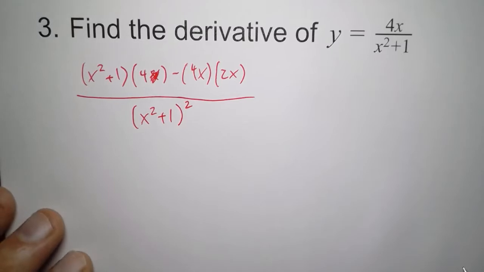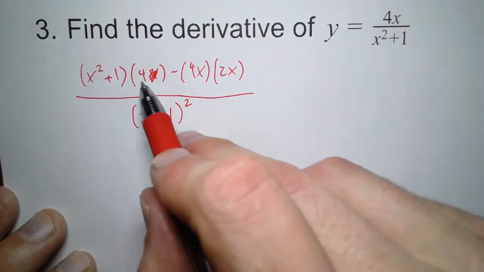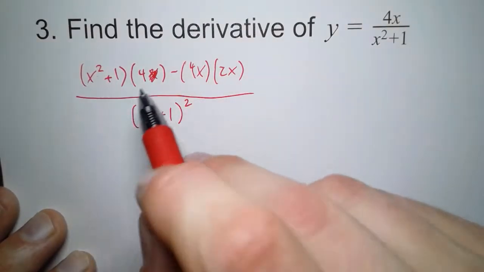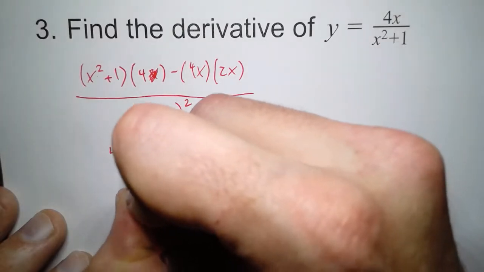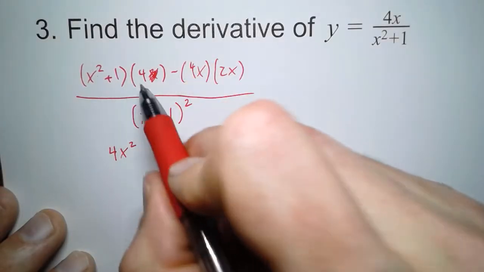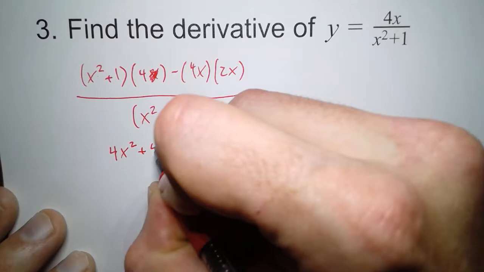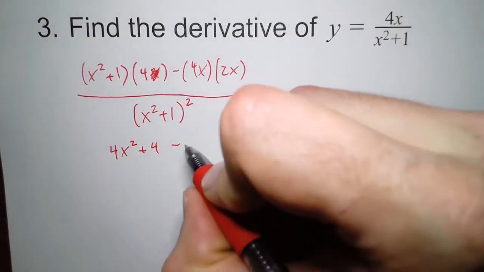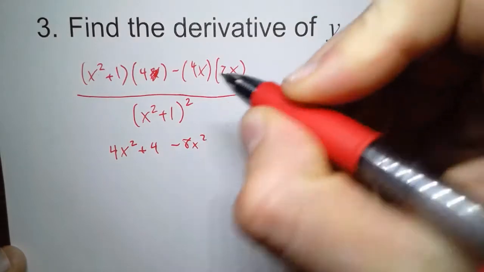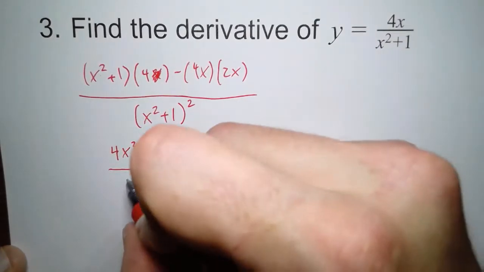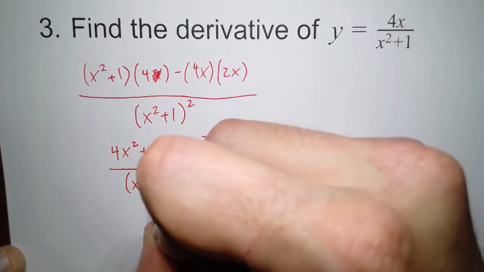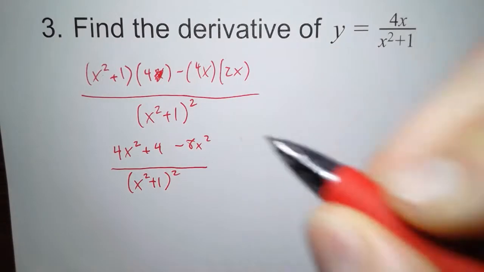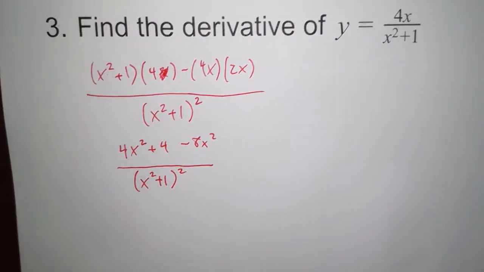So when we simplify this, we multiply these, and we multiply these. X squared times 4 is 4x squared. 1 times 4 is 4, minus 4x and 2x multiplied is 8x squared, all over x squared plus 1 squared.